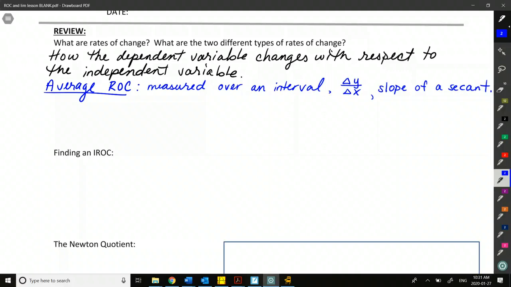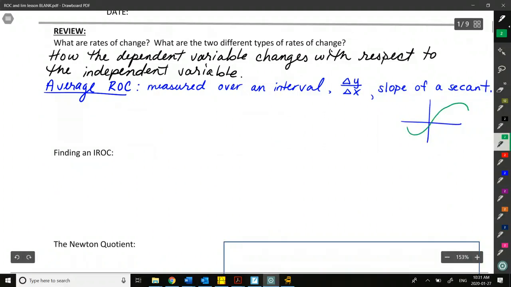So when I think about a function, this is my function, and I'm measuring, let's say, from here to here, I actually want to know the slope of the line that connects those two points if I want to know the average rate of change. Okay, so this would be a secant line.